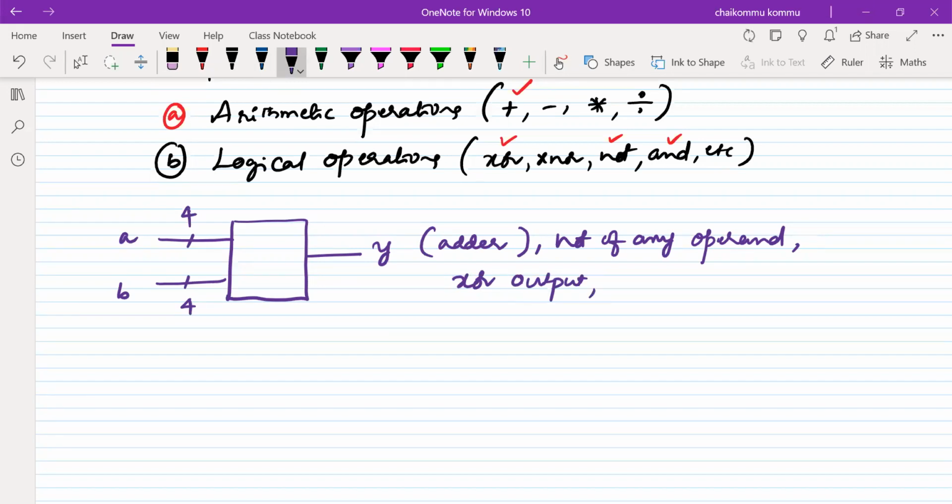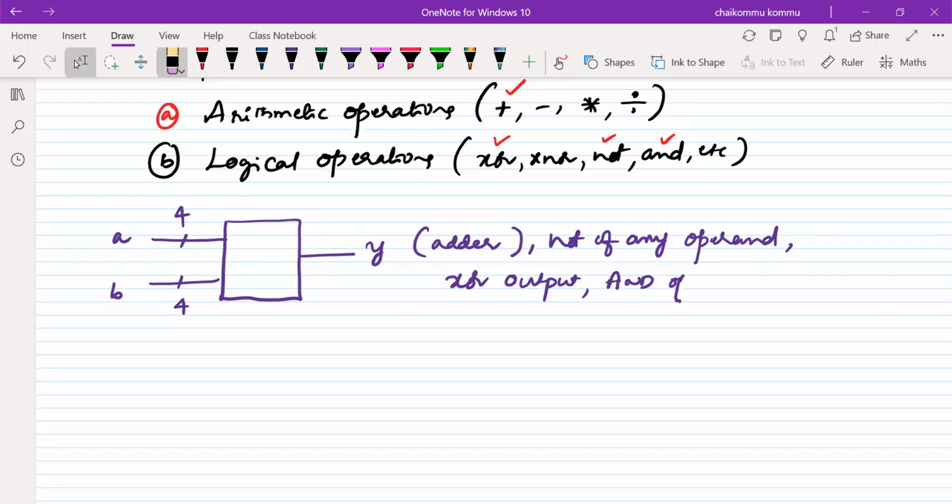Sometimes it has to show an AND output. So the output Y has to show either the addition output, or the NOT operation, or the XOR operation, or the AND operation. At a time it cannot show all the outputs. It has to selectively produce an output.